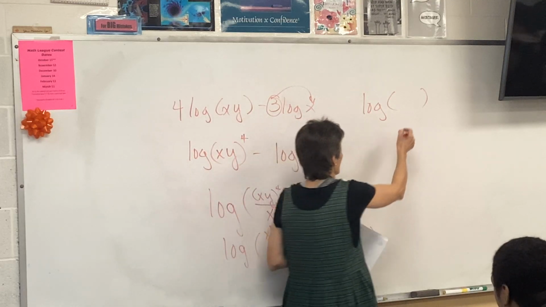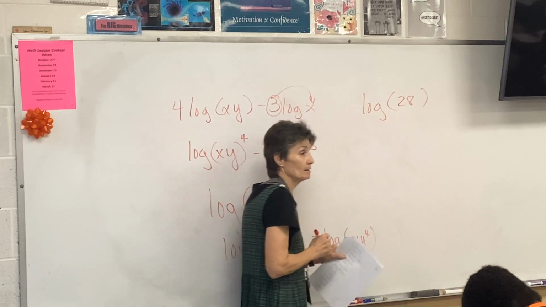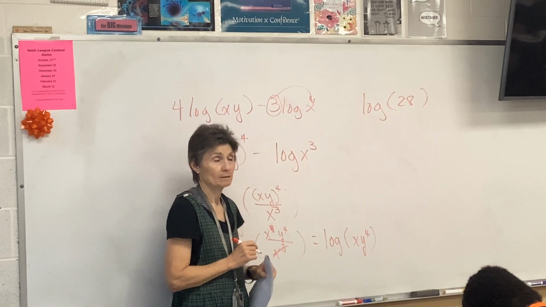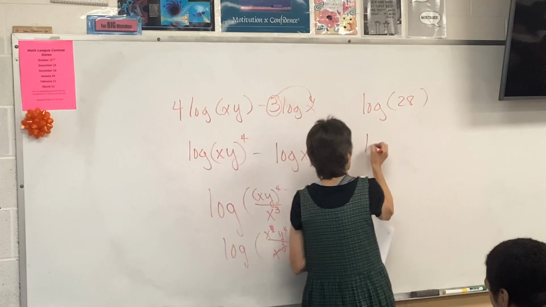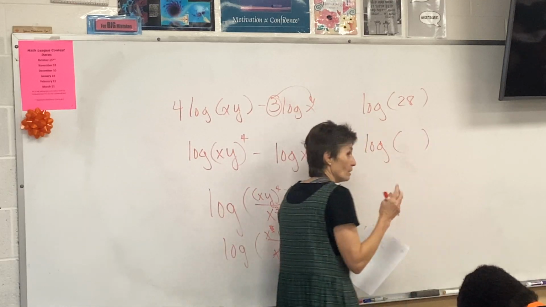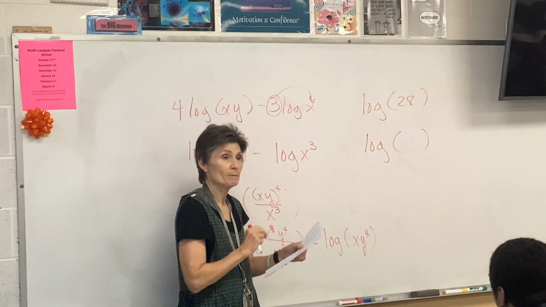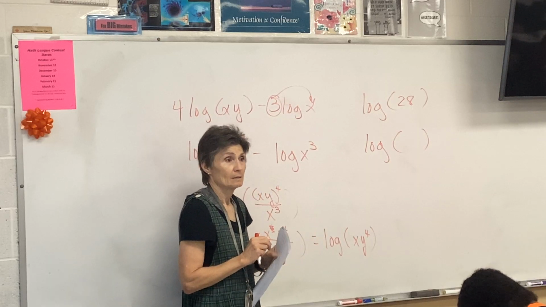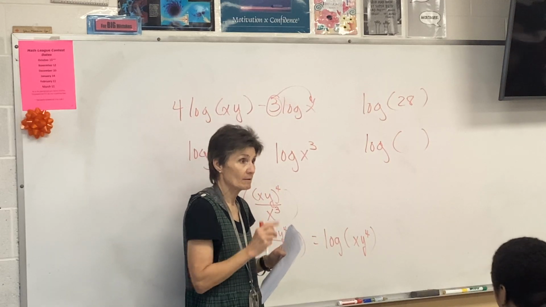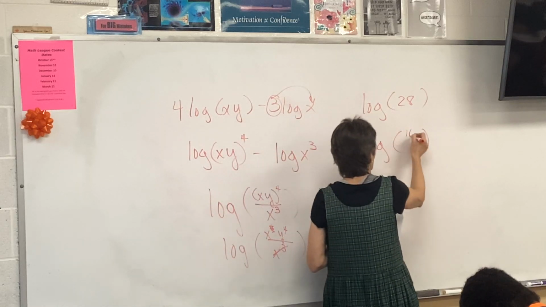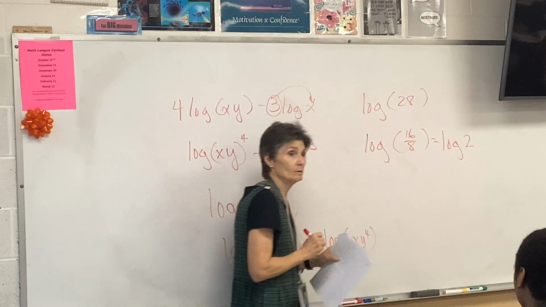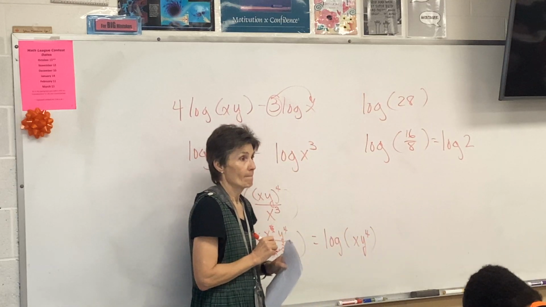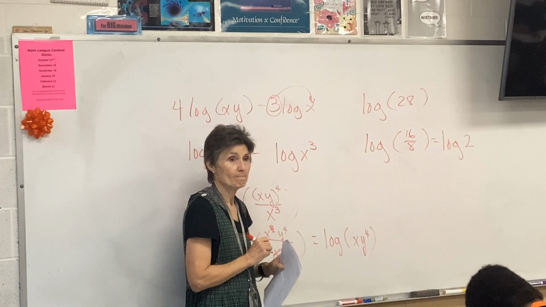So it'll be the log of 28, 4 times 7. How about F? What's F gonna be? The log of what? You're gonna put them together. What are you gonna put them together as? 16 divided by 8, which is the log of 2. 16 over 8.